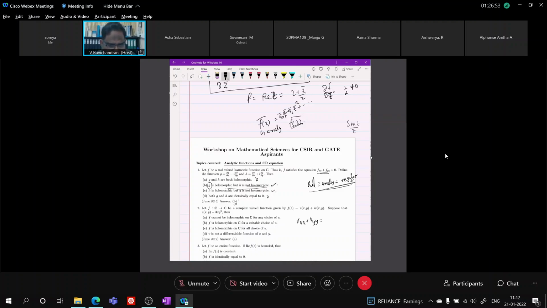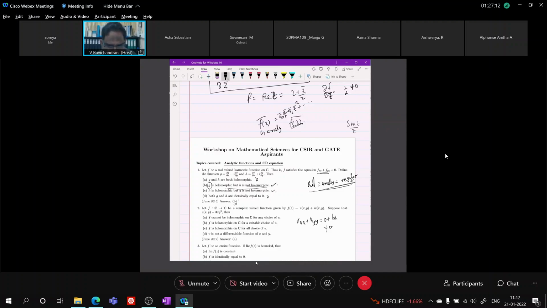You can easily see that Vx will be 3y squared, therefore Vxx will be 0, and Vy will be 6xy, and therefore Vyy will be 6x. It is not equal to 0. So the function V is not harmonic.